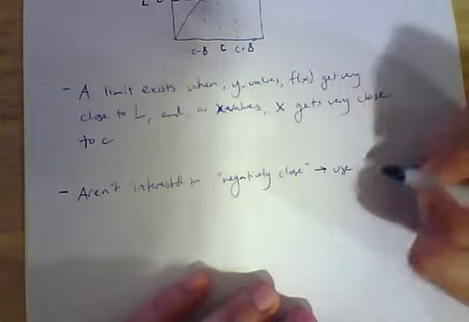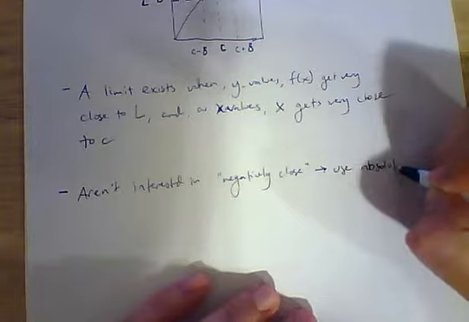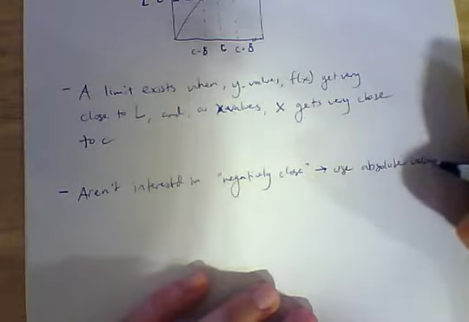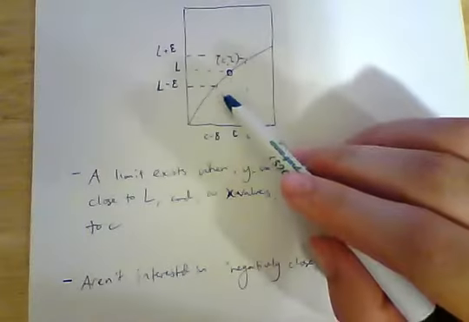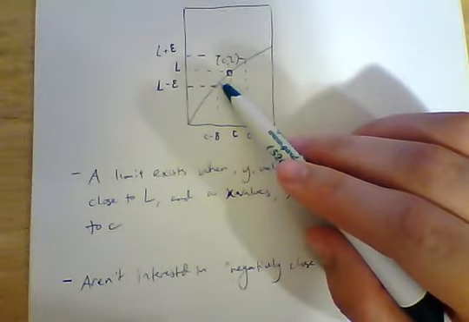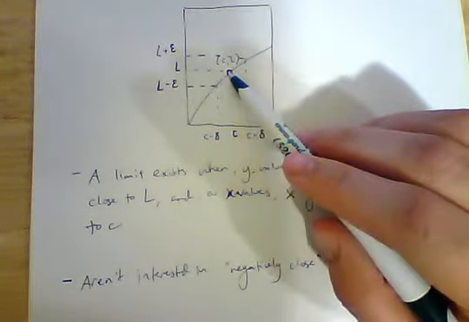So we're going to use absolute value in our expressions. We don't really care. If we picked a point over here, we wouldn't say that it was a negative distance away from our point. We would still talk about it in positive terms.